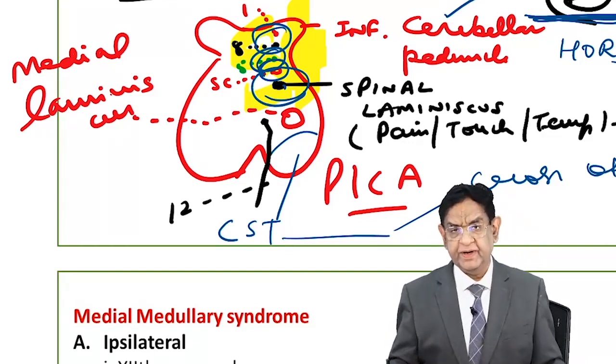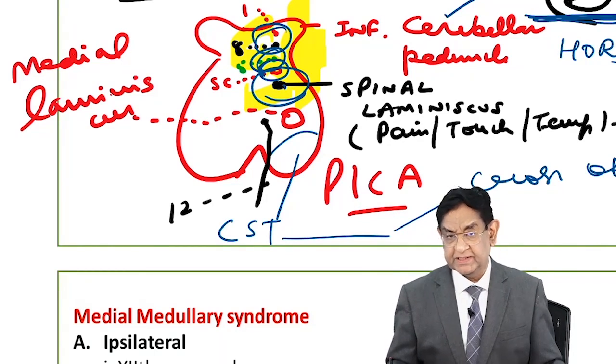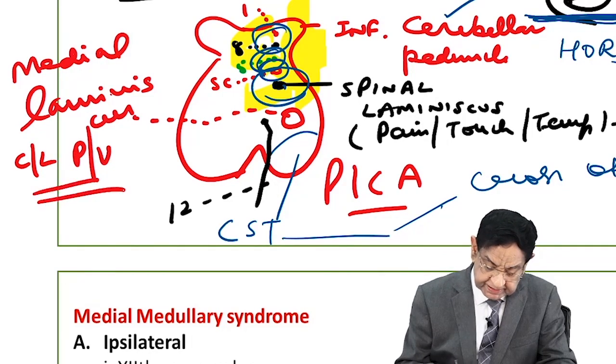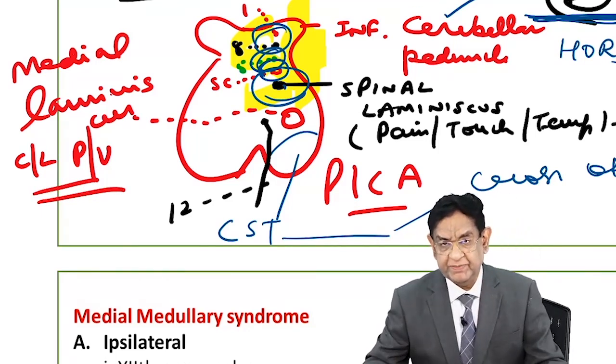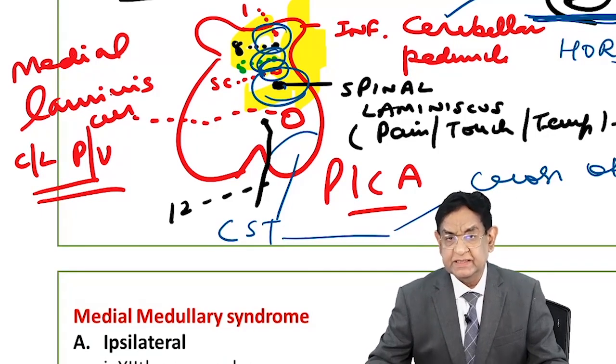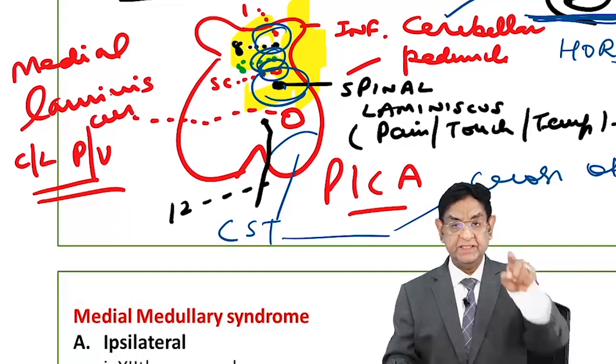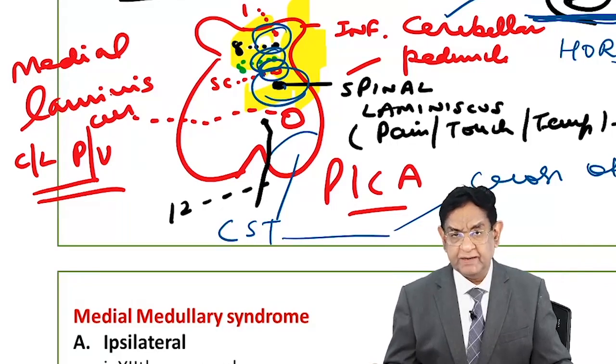Again, a basic concept about medial lemniscus. It contains contralateral position and vibration sense. P for position, V for vibration sense. The contralateral body. Remember, we have a spinothalamic tract which contains contralateral pain, touch and temperature.